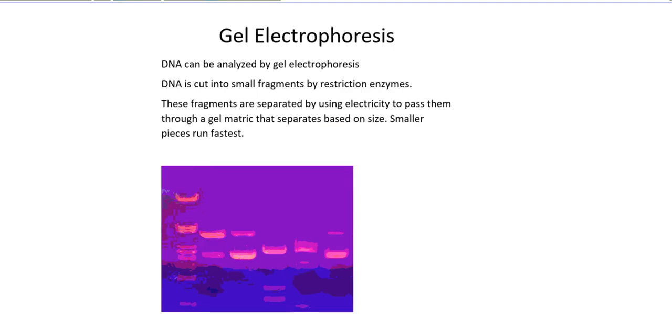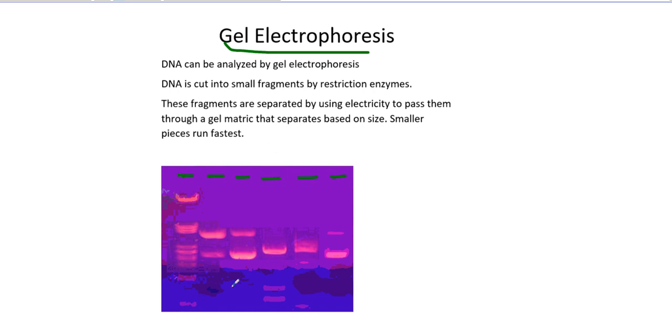Well, the major technique that's used to analyze DNA is what we call gel electrophoresis. Now, gel electrophoresis is called that because you pour a gel, just like gelatin, jello, in a frame, and then you load up DNA samples in the top here. And then you run an electrical current through there.